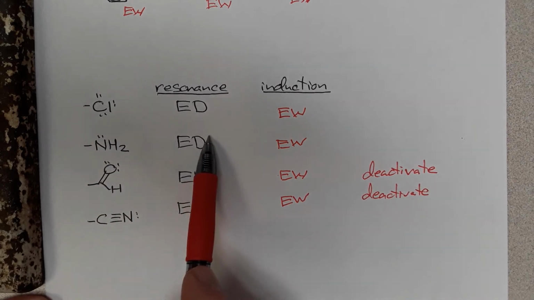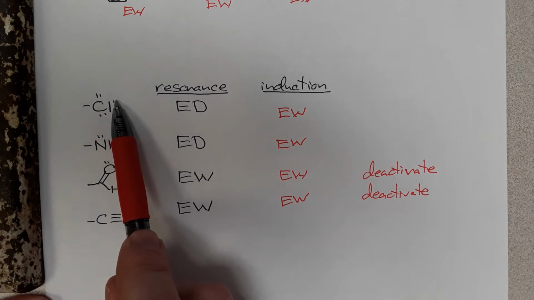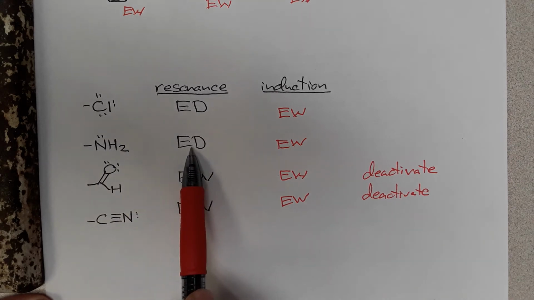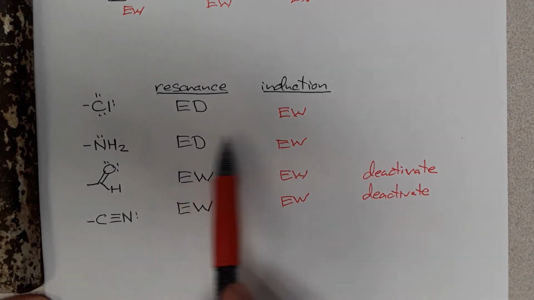So the actual electron donating effect by resonance is greater for this group than it is for this group. This nitrogen's more electropositive, so it can handle the positive charge when it's donating its electron pair by resonance. At any rate, we have a competition between induction and resonance in both of these groups.